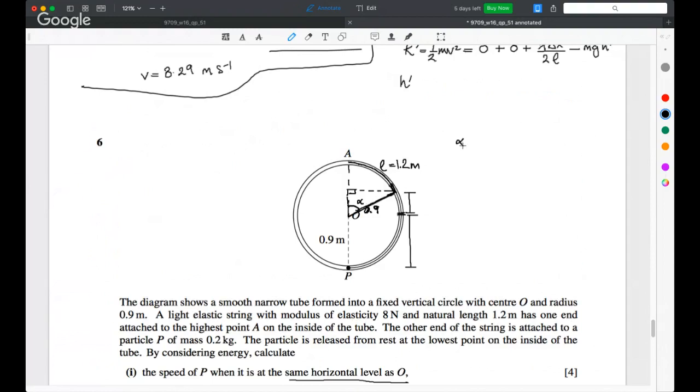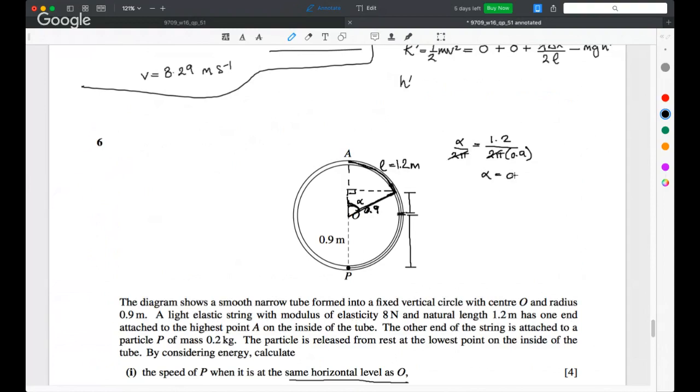So we know that alpha divided by 2 pi, the ratio between the angle subtended by this arc and the full number of radians, remember alpha is in radians, is equal to the ratio of the length of the arc divided by the full circumference of the circle. So that would be 1.2 over 2 pi times 0.9. So we can get rid of those.